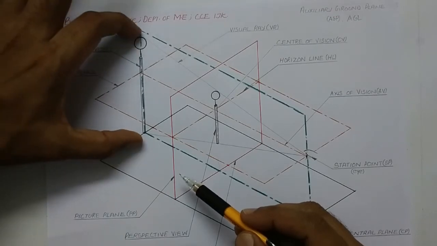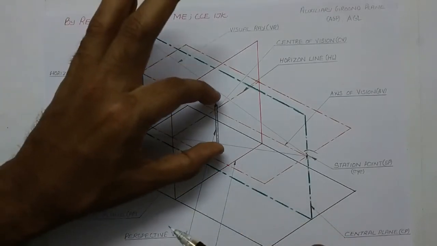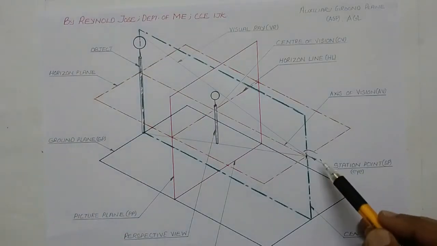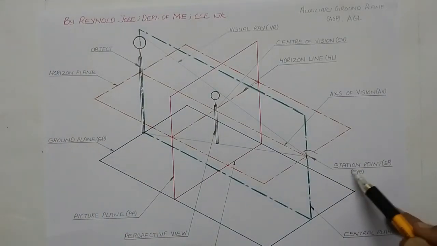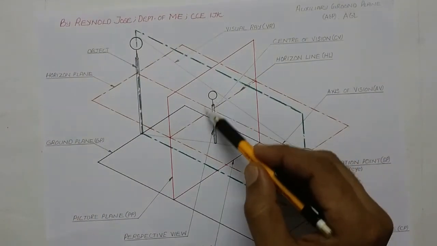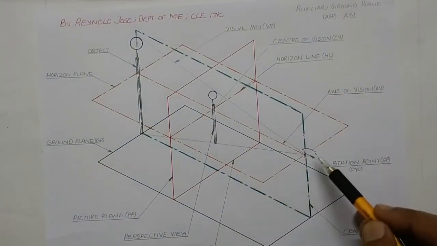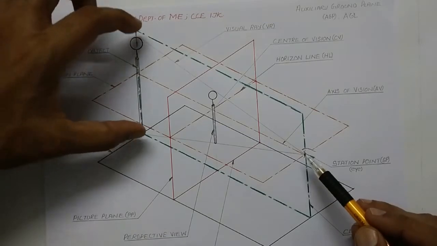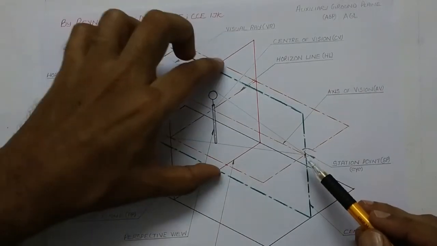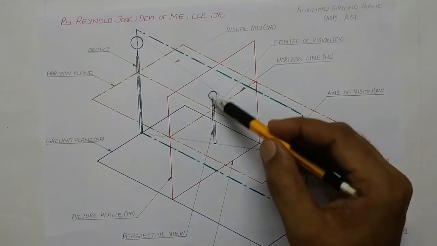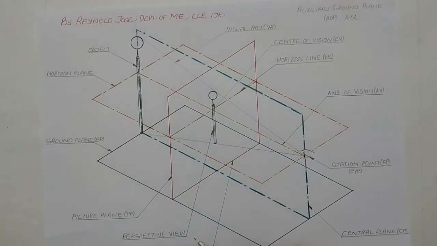The object is larger in size, the image is smaller, and here we have the station point or eye of the observer. When the observer is standing here, he feels that this object is placed on the picture plane, and that feeling is known as the perspective view.